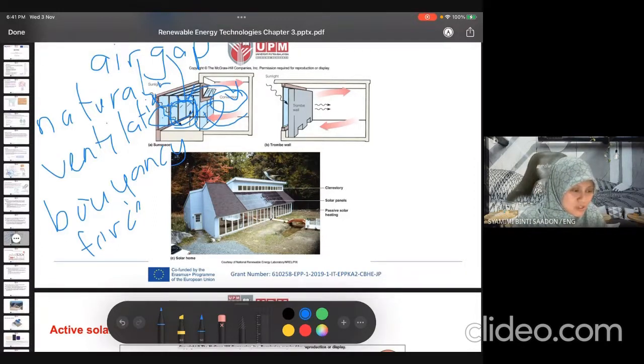So they use this double glazing technology to warm the building during winter or autumn, during cold weather. Actually this technology can also be used during hot summer or spring sometimes.